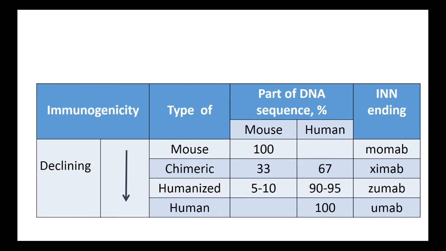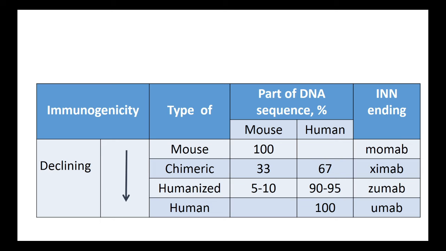And this scheme gives you the possibility to be a specialist or expert, and from the name of a drug you can understand how it will work with the immune response, what type of antibody it is, mouse, chimeric, humanized or human, and how much of the DNA sequence will include mouse proteins and how much human proteins.